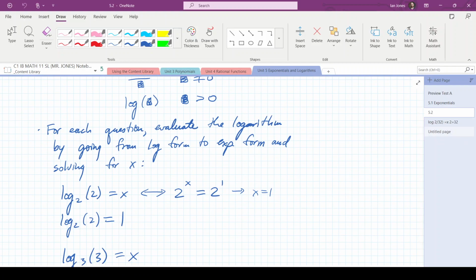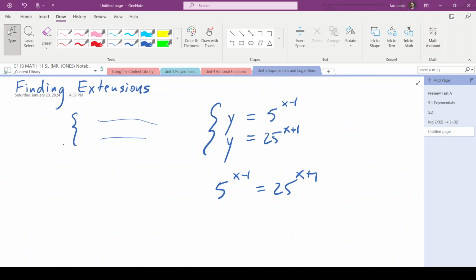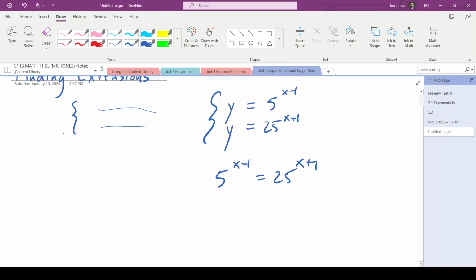So that would work. And because we can go between exponentials and logs, I could turn this into a log question, right? So I could say, okay, in log form, this is log base 5 of my input to the exponential.